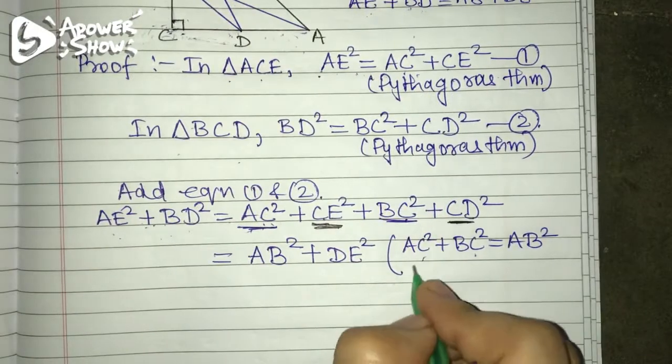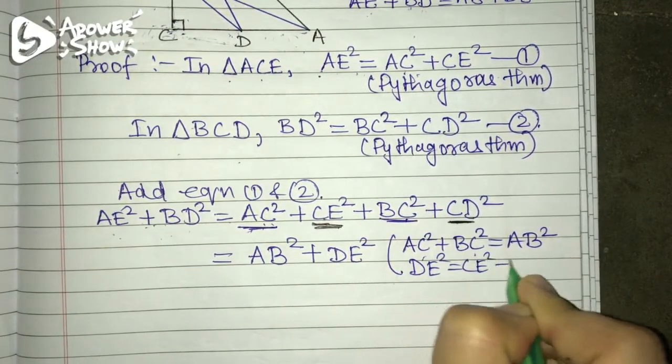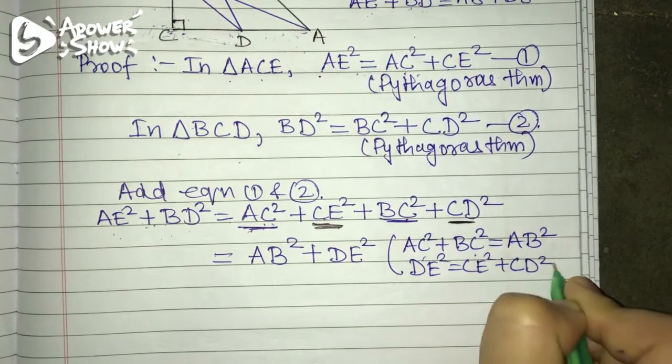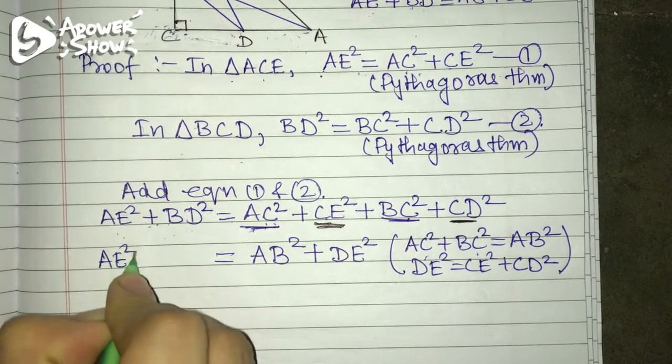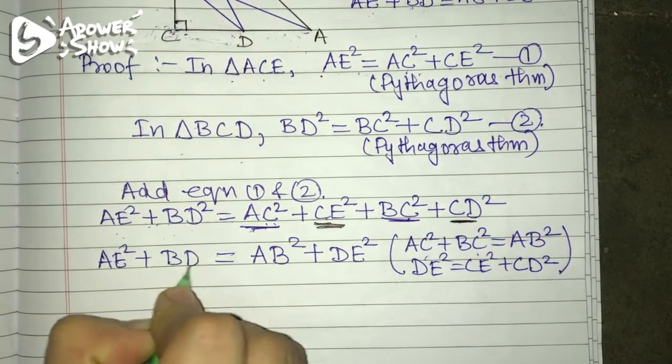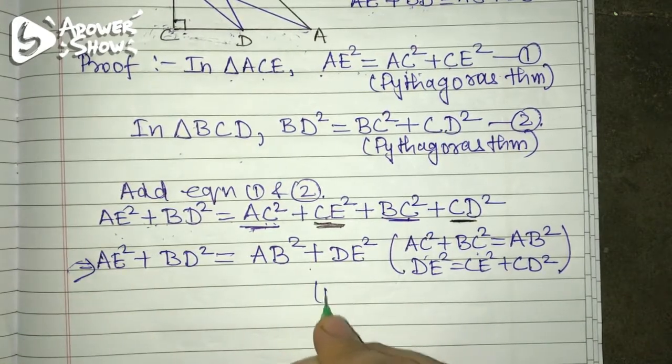So now we get AE square plus BD square equals to AB square plus DE square. Hence proved.